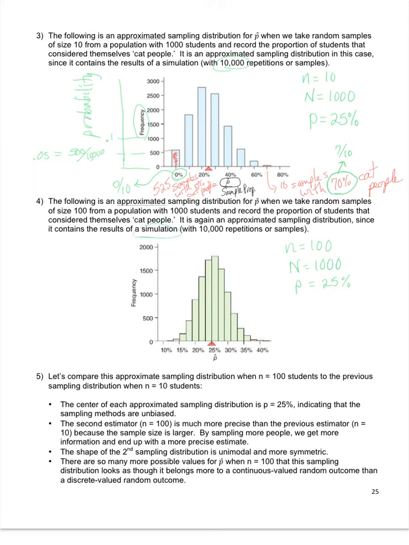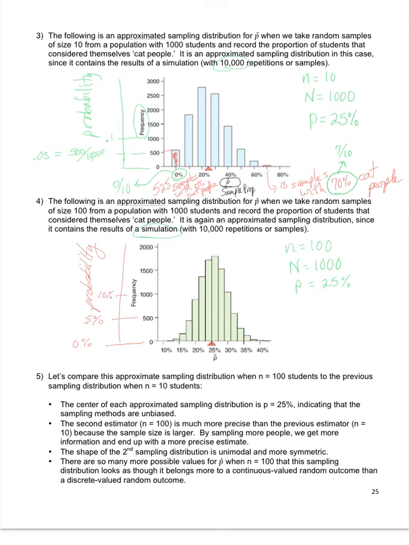All right, so again, we could rescale this axis here instead of frequency. We could rescale it or recalibrate it so it was expressed as probabilities. So this would be 0%, 500 out of 10,000 would be 5% or 0.05 rather, 10%, and so on.